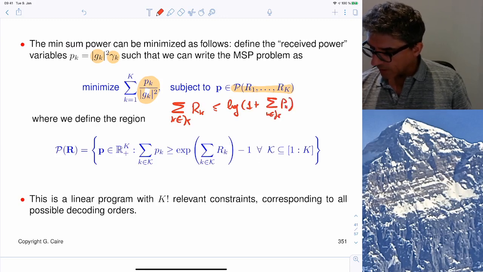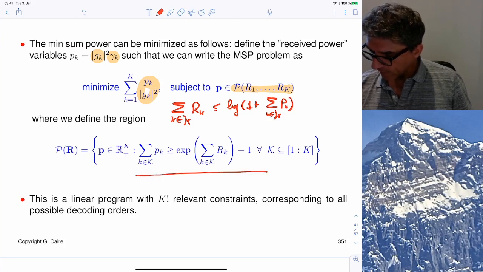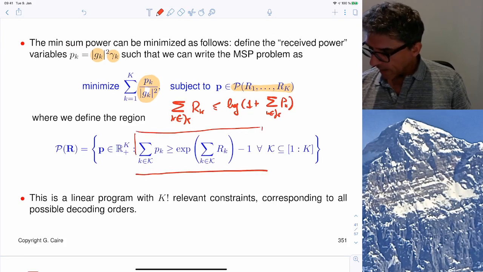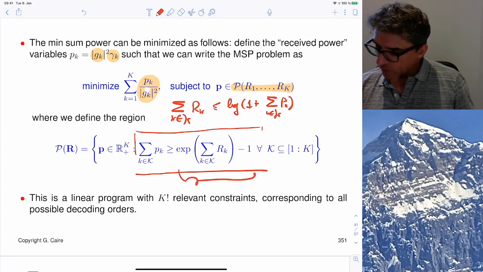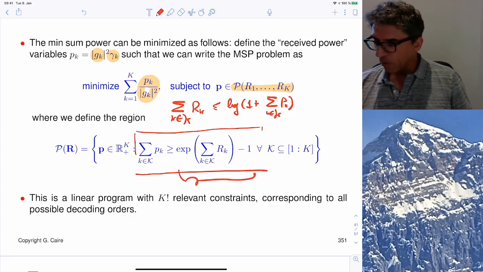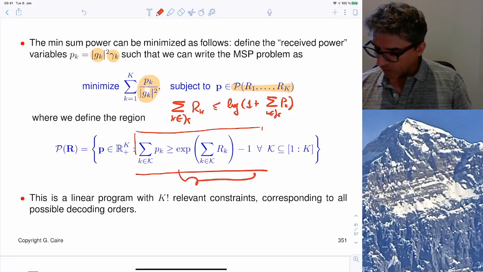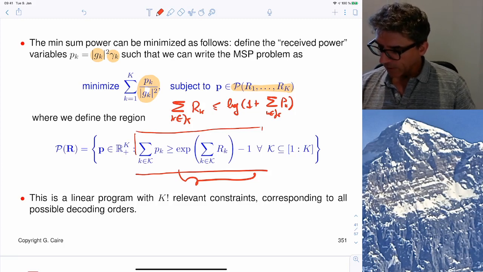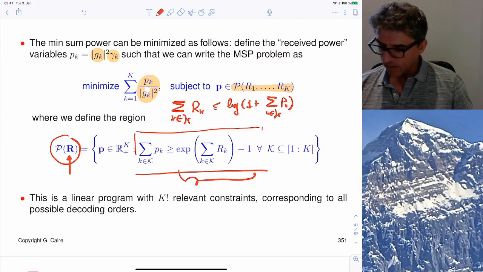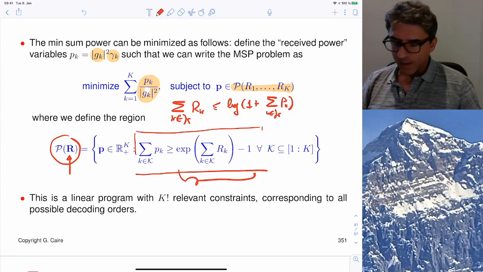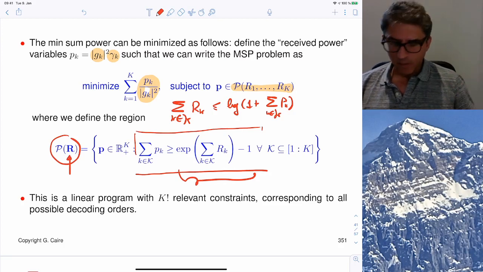Now, if you invert these inequalities, you have this, right? And it turns out that this function, exponential of the sum minus 1, is precisely a supermodular rank function, and therefore this power region that supports a certain rate tuple is precisely a contrapolymatroid. So this region P of R for a given fixed rate tuple R is a contrapolymatroid in the received powers.